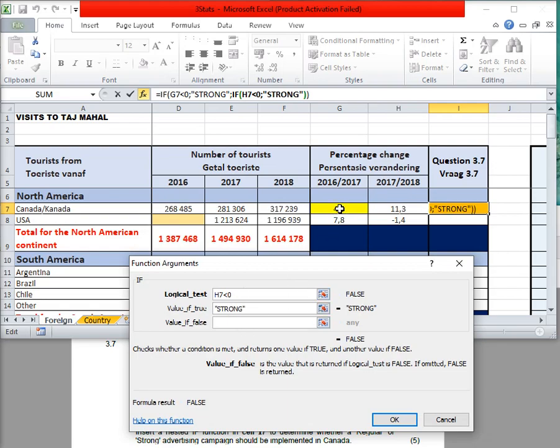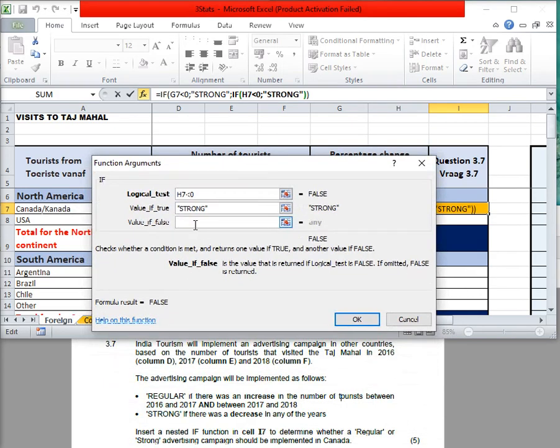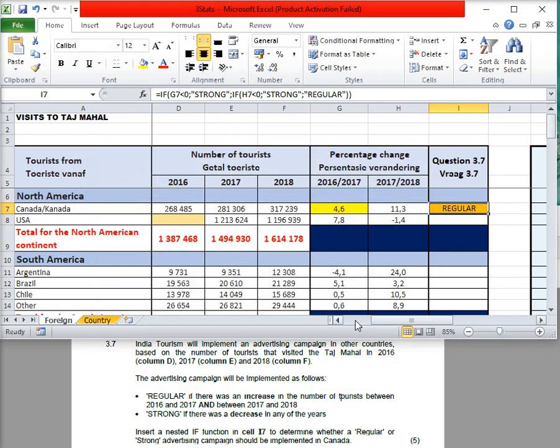So if this cell is positive, and then if it's not less than 0, it also means this cell will be positive, so that means that will be regular. So we can write regular. And you'll see when we use the f of x, it already puts the quotation marks on for us. Now that gives us an answer of regular.